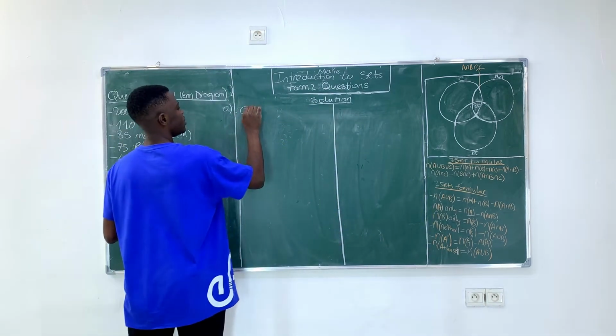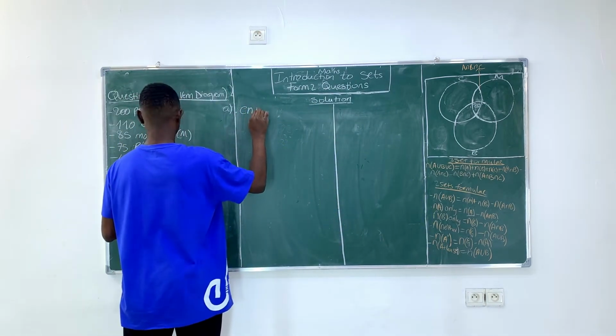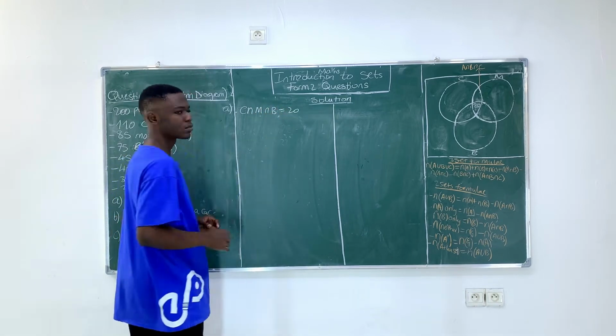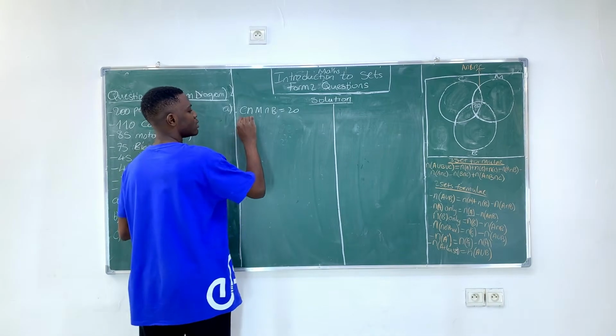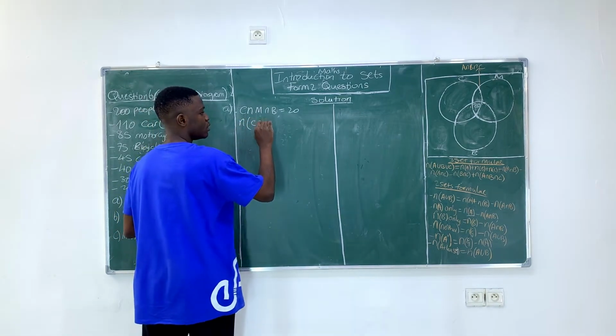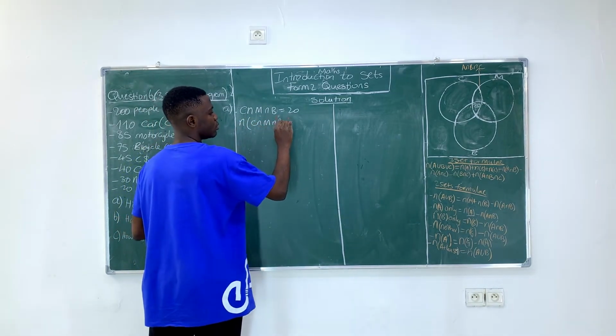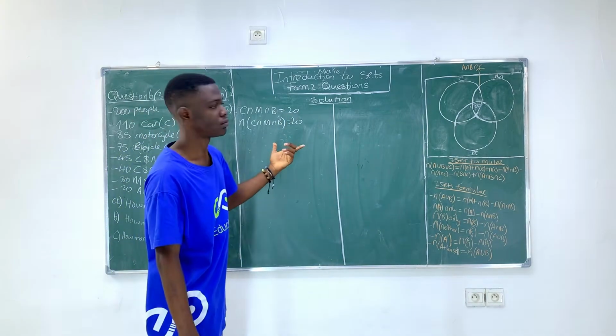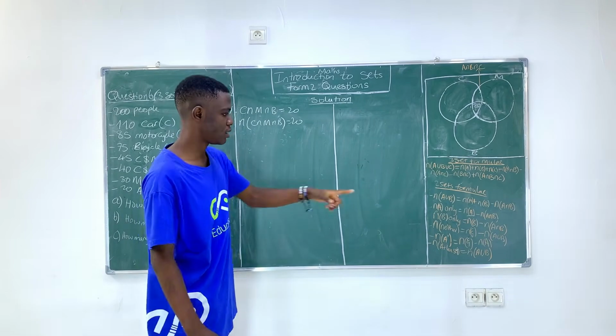So that is C intersection M intersection B is equal to 20.